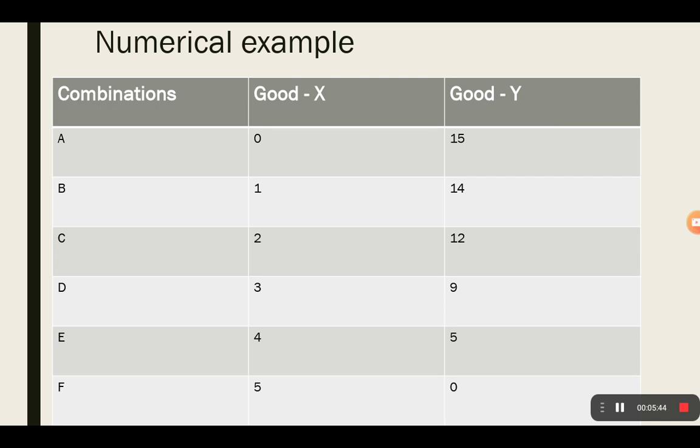The last combination says no units of Y are produced and all the labor, resources and technology are employed in good X production. But since the resources are efficient in the production of good Y, where no units were produced of good X and the maximum output of good Y was 15, now in the last combination, when no units of good Y are produced, the maximum output of good X is only 5 units.